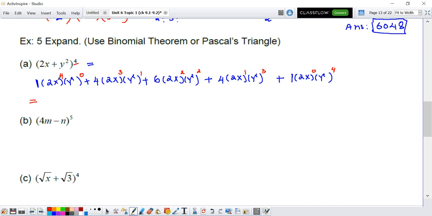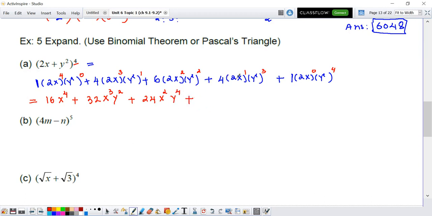If you did not put the parentheses, you would make a mistake. 2 to the 4 is 16, x to the 4, and the 0 power gives you 1, plus 2 to the third is 8, 8 times 4 is 32, x to the third, y squared. Next is 2 squared is 4, and 6 times 4 is 24, x squared, y to the 4.